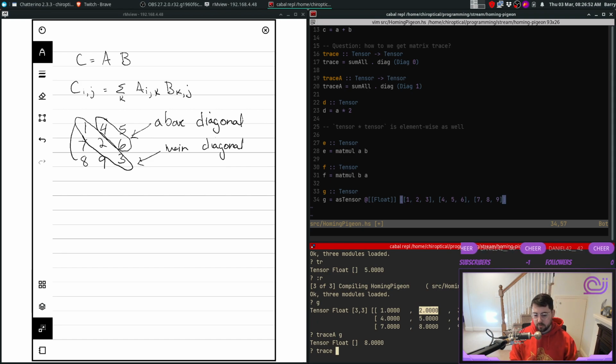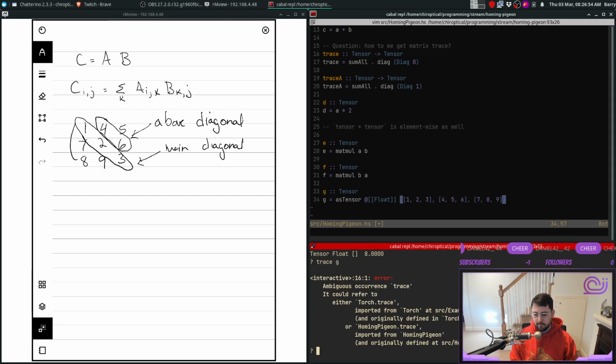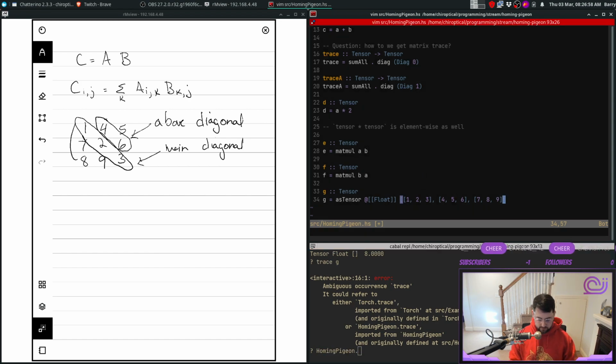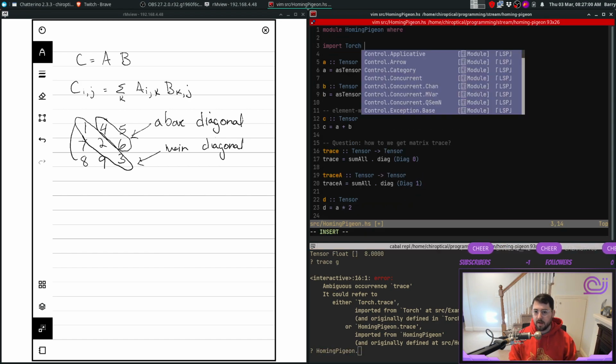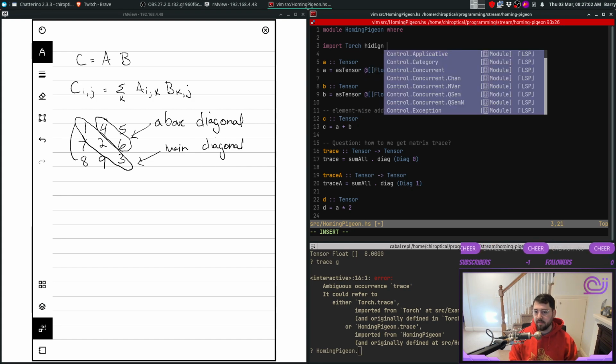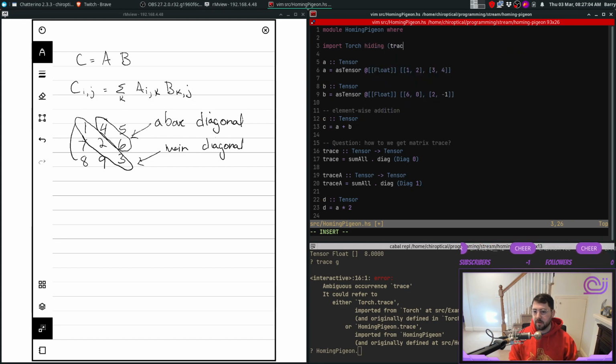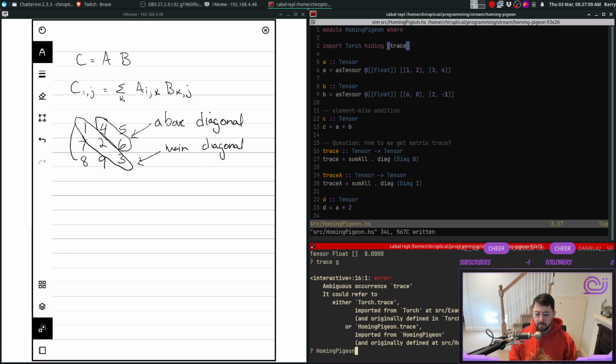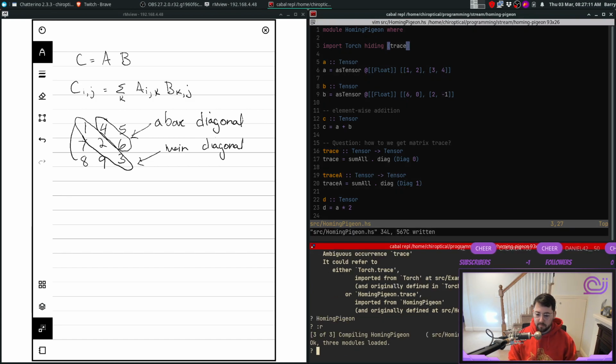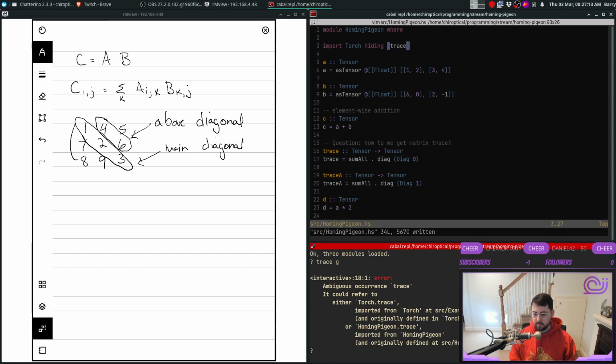If we just do trace G, homing pigeon, actually, we don't even want this. I don't even know what that thing does. So we're just going to hide it straight up, like so. And then we don't have to worry about this. And now we should just be able to do trace G. I just hit it.